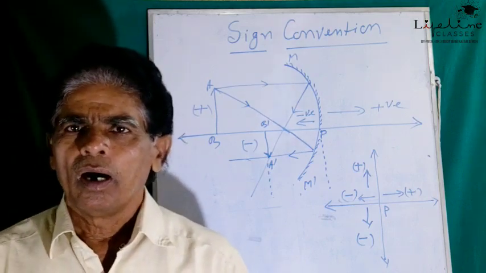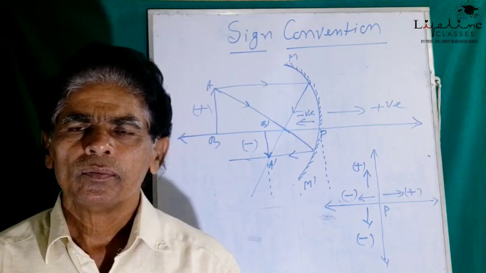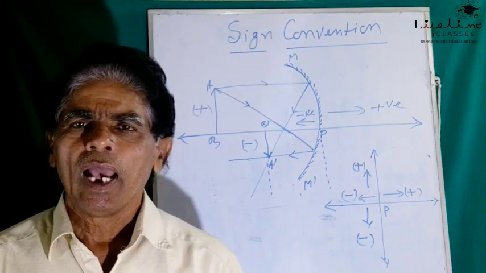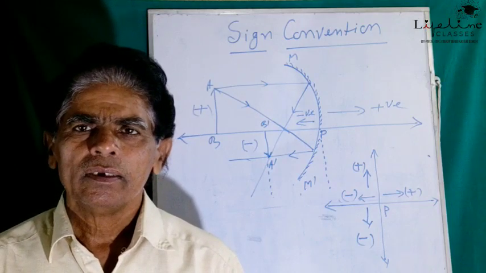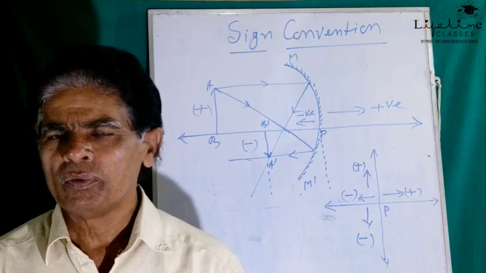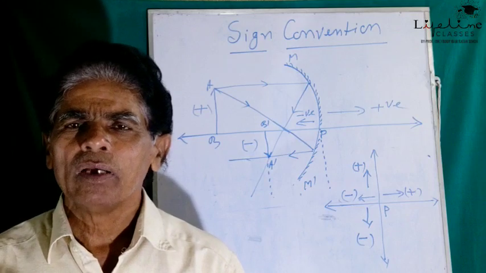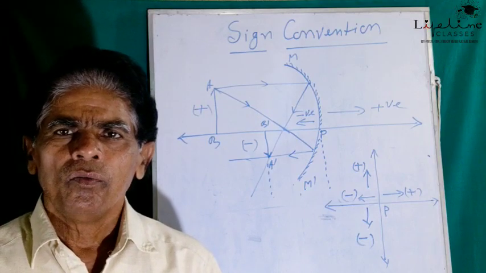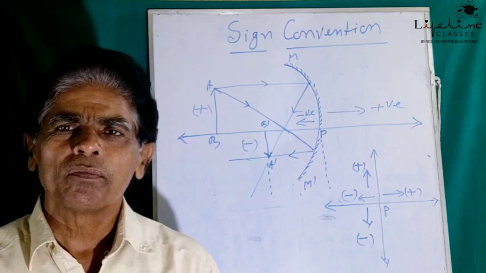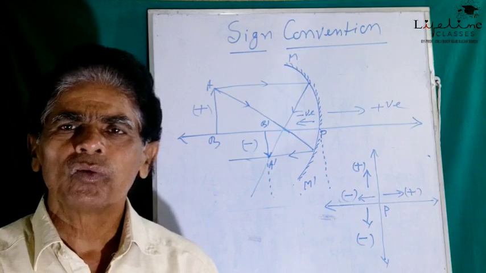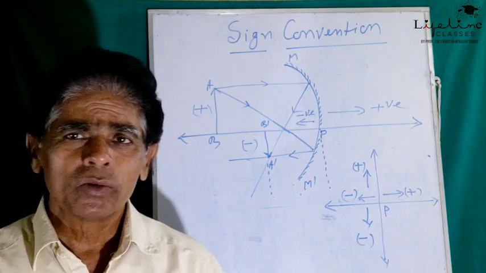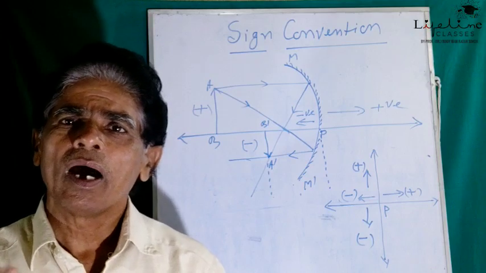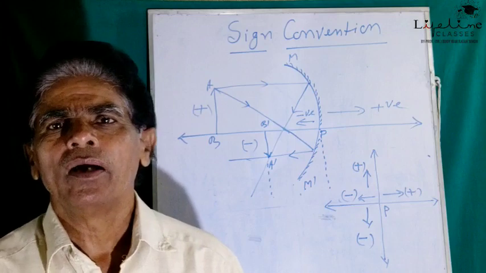Suppose that we are given the focal length, object distance or radius of curvature, and we are asked to find the image distance of the image formed by the mirror, then we should use the sign convention for only those quantities whose values are given, but we should not use the sign according to sign convention for the unknown quantity which we are going to find out.